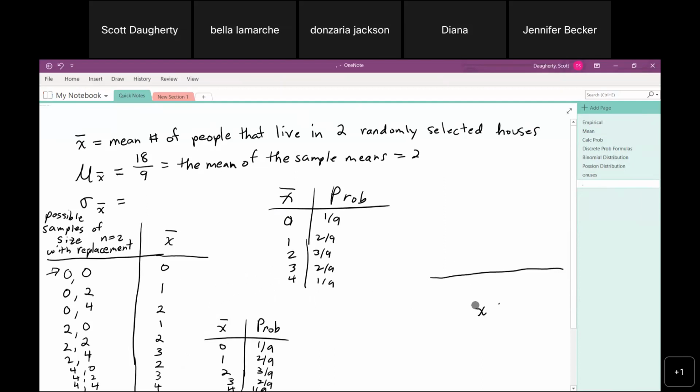So if you put X bar down here and the probability on the y-axis, the first value is 0, and that has a probability of 1 in 9. So I'm just going to make a little box here and say that's got a probability of 1 in 9. All right, 1 has a probability of 2 in 9. So that's 2 out of 9. And then 2 is the highest probability at 3 out of 9. And then notice it goes back to 2 out of 9. So 3 has a 2 in 9 probability. And then 4 goes back to 1 out of 9.